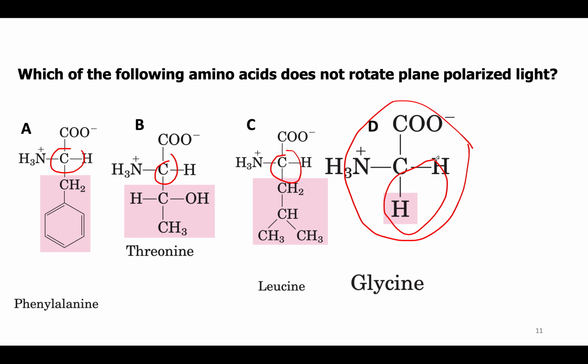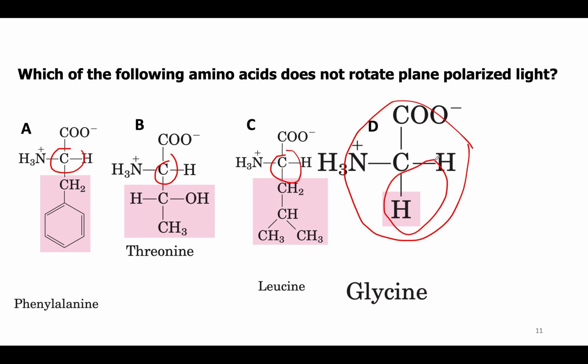As I told you, this is a variation of the MCQ that we solved earlier. In an exam, you don't need to memorize such information, but if you can apply the concept of chirality center, you should be able to answer this specific question.